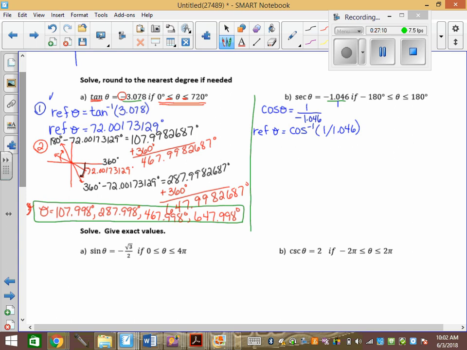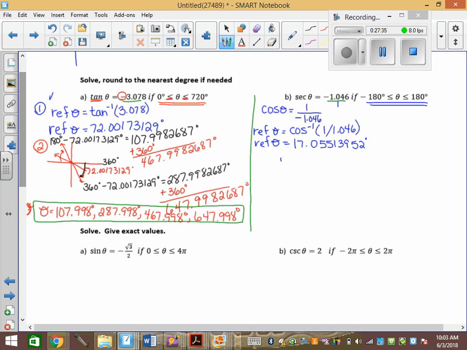My domain is in degrees, so my answer is going to have to be in degrees. When I second cos that answer, I get reference theta equals 17.0551395 degrees.